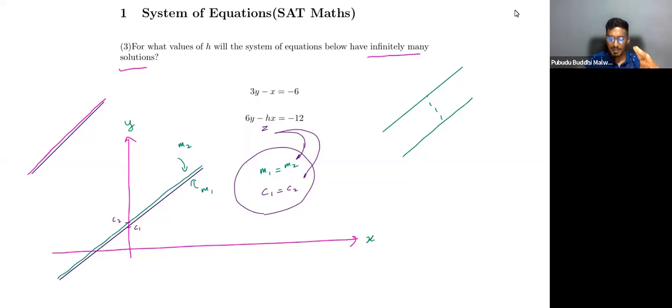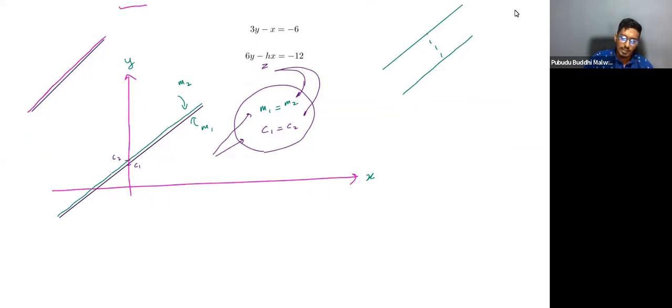But to check this condition, we can create slope-intercept form for both lines, because then we can compare slopes and also y-intercepts. Right? So same concept, create slope-intercept form, y equals mx plus b.